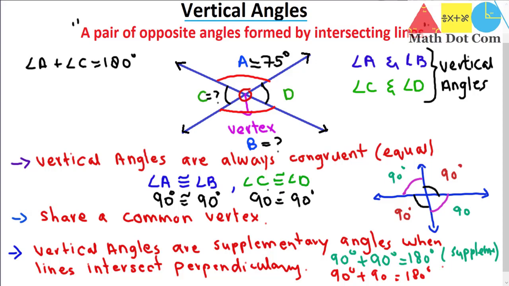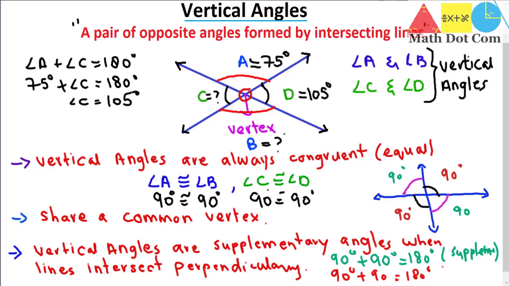So if I say that angle A is 75 degrees, if I write 75 degrees here, plus angle C is equal to 180 degrees. So angle C will be 180 minus 75. It will be 105 degrees. So it means angle C is equal to 105 degrees, and as angle C and angle D are vertical angles, then D will also be equal to 105 degrees.